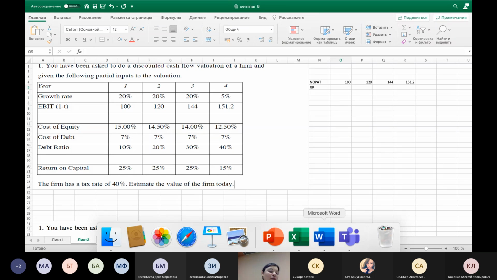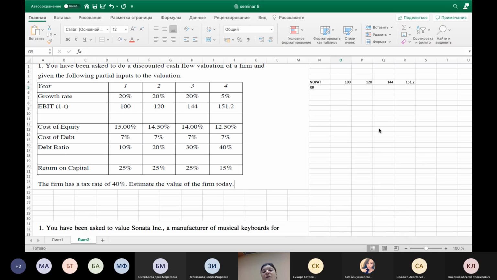We possess the following information: our growth rate, our return on capital. And so our well-known formula, according to which our growth rate equals return on capital multiplied by reinvestment rate.